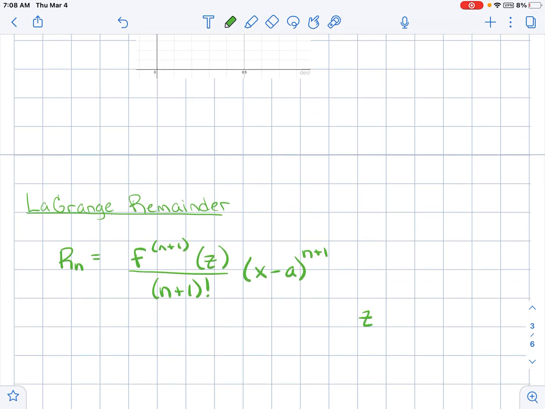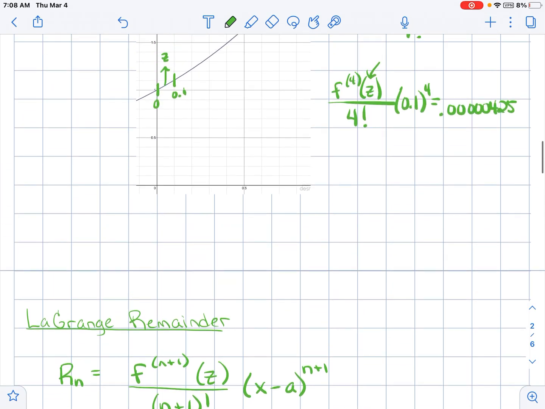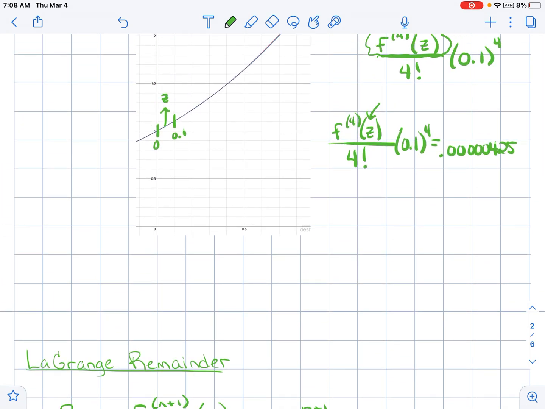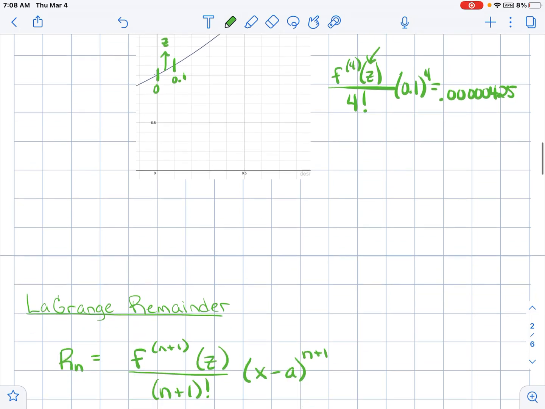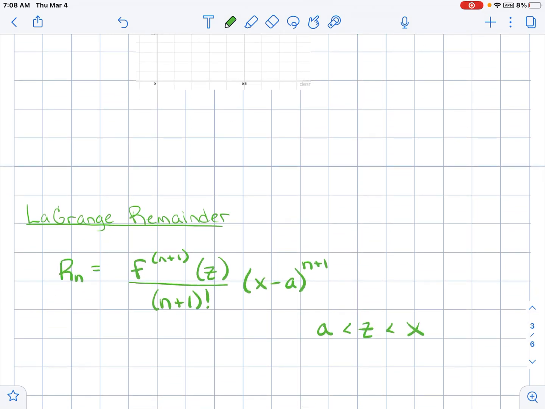And this is assuming that z comes somewhere between the center and the value of x that we're plugging in. So that's what I showed you in the graph up above. Now that z value will come somewhere between 0 and 0.1, and if plugged into the next derivative, we'll have the exact remainder.